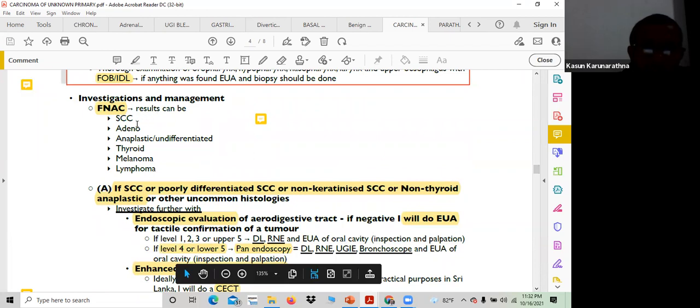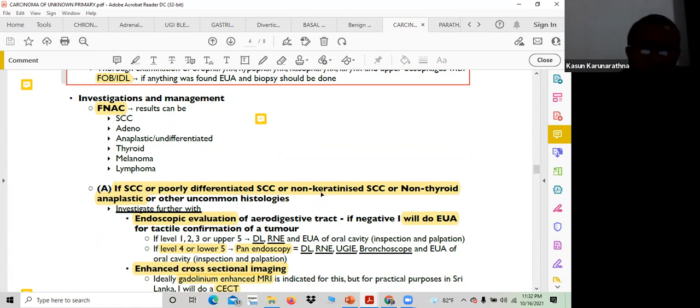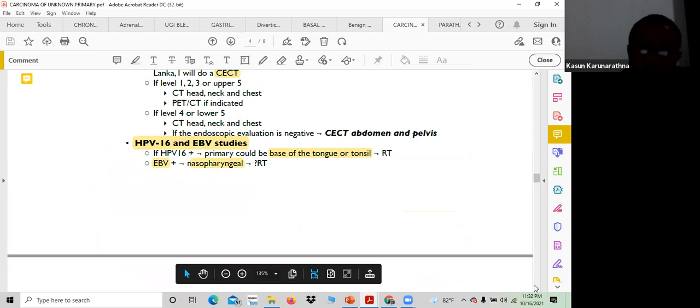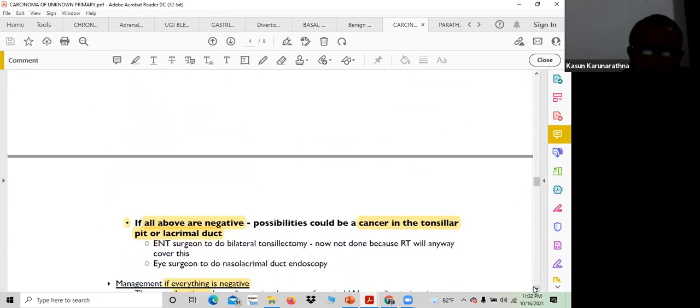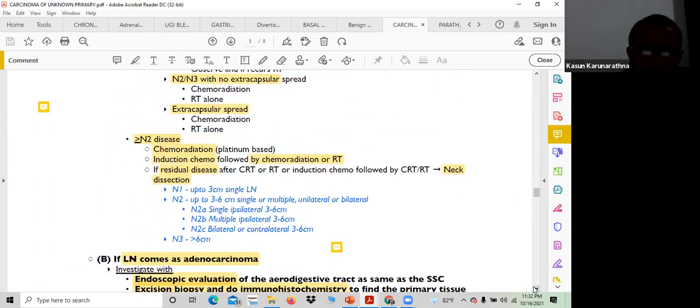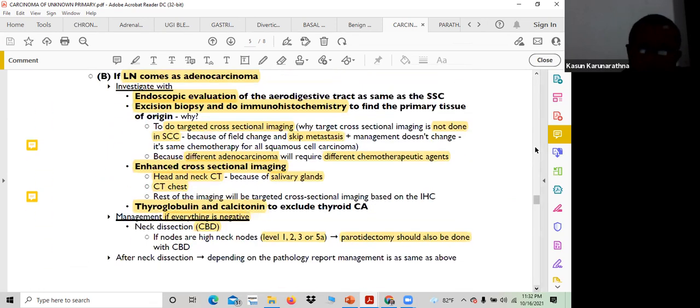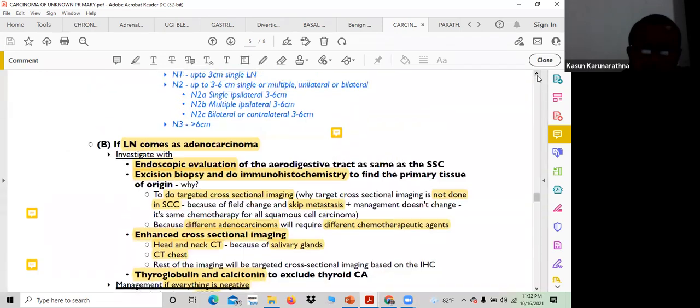FNAC results can be squamous cell carcinoma, adenocarcinoma, anaplastic thyroid, melanoma, lymphoma. If it's squamous cell carcinoma, poorly differentiated or non-keratinized squamous cell carcinoma, investigate further with endoscopic evaluation, right? That is two lines.